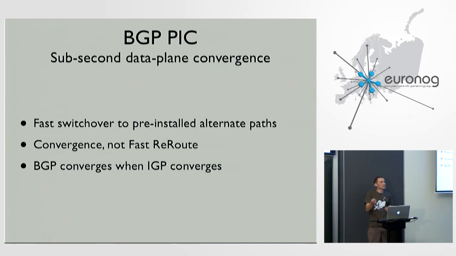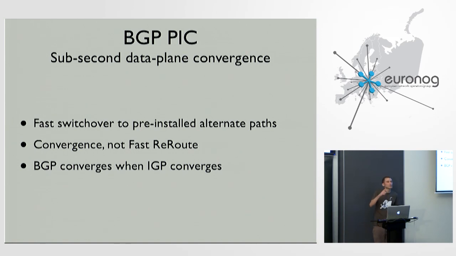So what is BGP PIC first? Well, BGP PIC is a way to achieve sub-second data plane convergence upon the failure of a BGP next hop. We have a pre-installed next hop in the data plane, and upon the convergence of the IGP, so when you figure out in your IGP that you lost the next hop, the forwarding information base will be able to switch over towards the alternate path in a time that does not scale with the number of impacted prefixes.